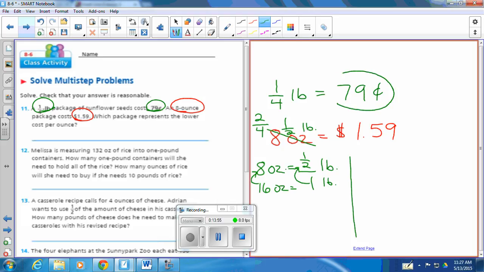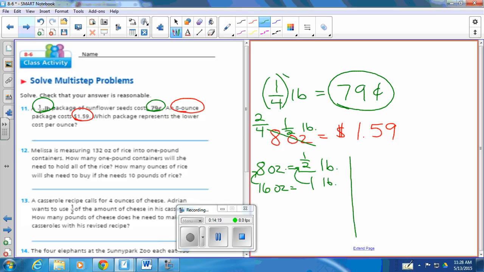So what do we need to do here in order to compare? How can we get this fraction equal to 2/4? Double it, right? 1/4 plus 1/4 is 2/4.